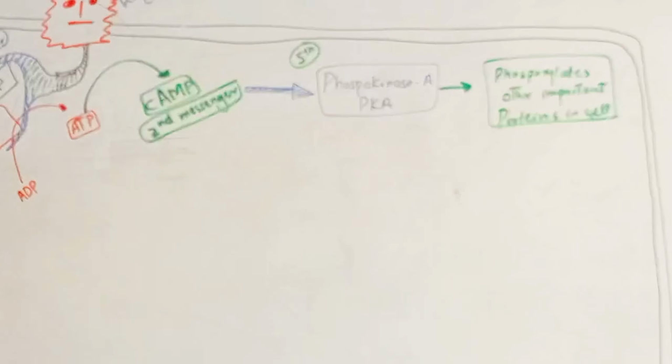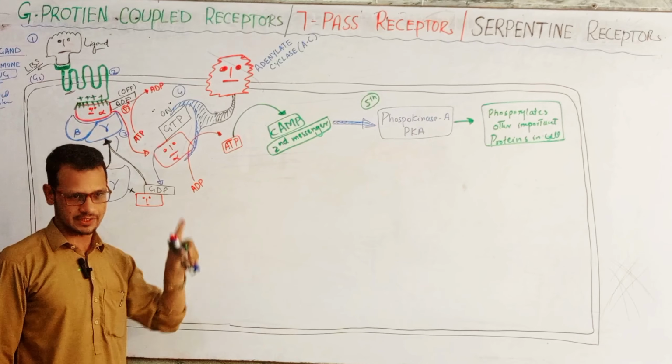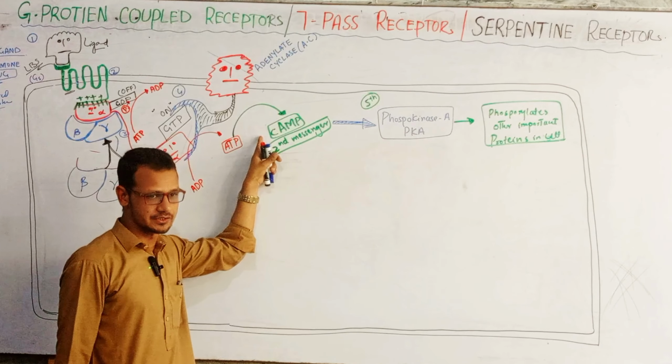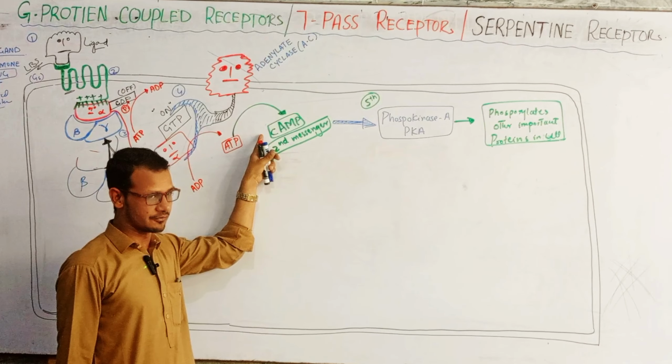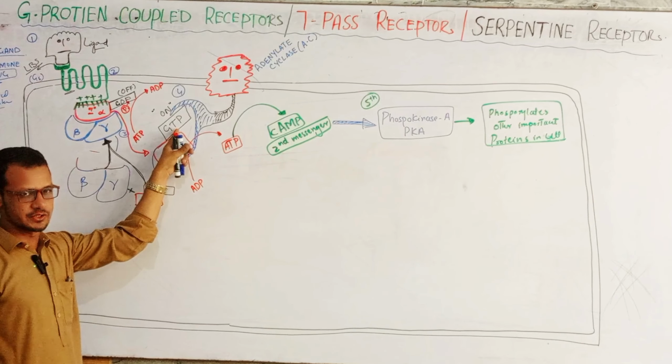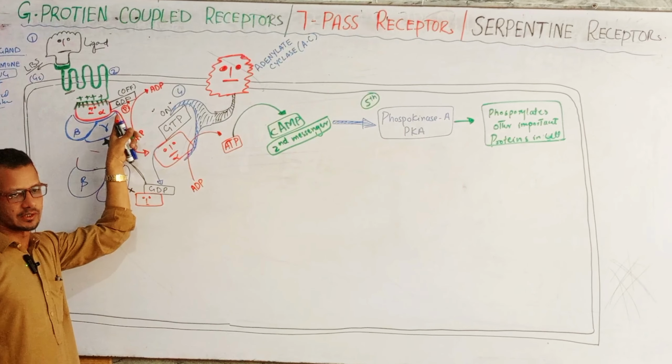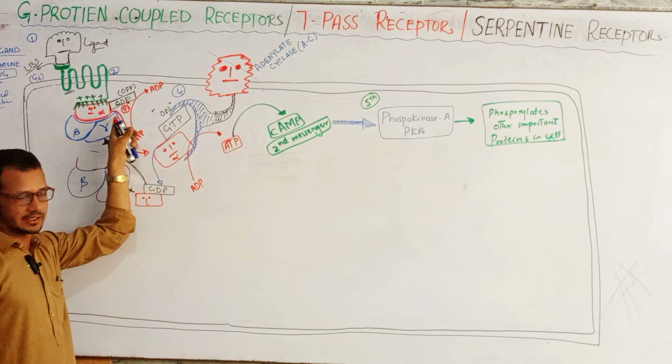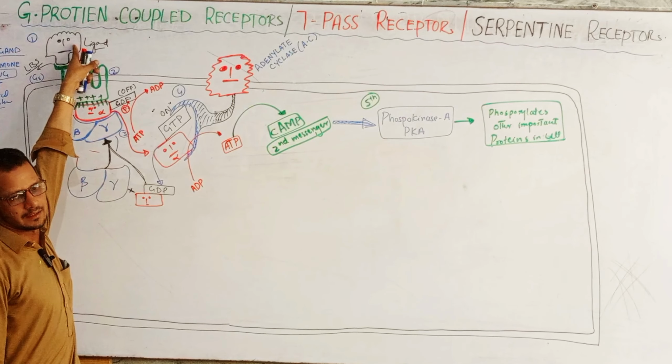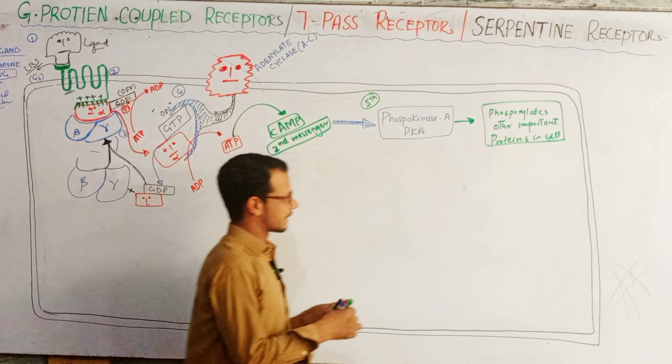This is the main function of phosphokinase A, which has been activated by cAMP, and cAMP has been formed by this GTP, and this GTP is coming from the alpha unit, and this alpha unit is activated by this ligand, right?